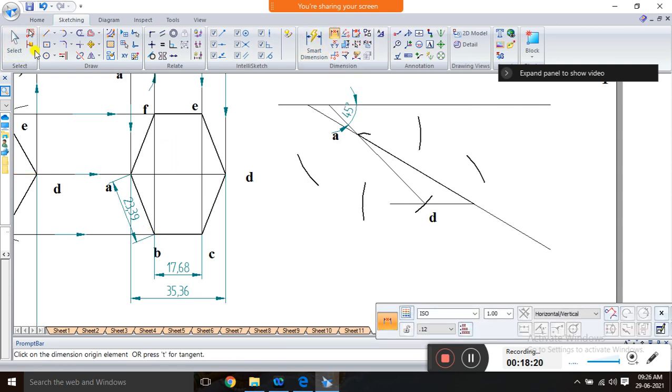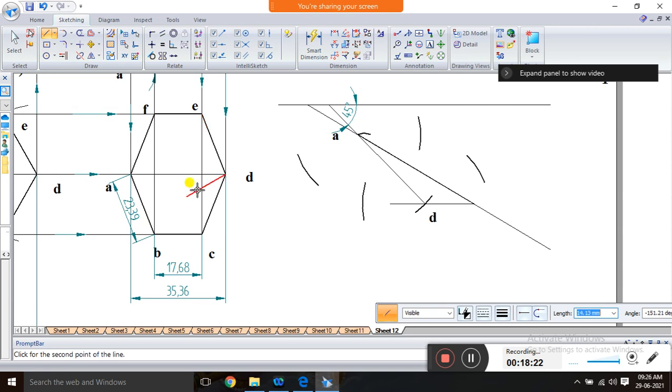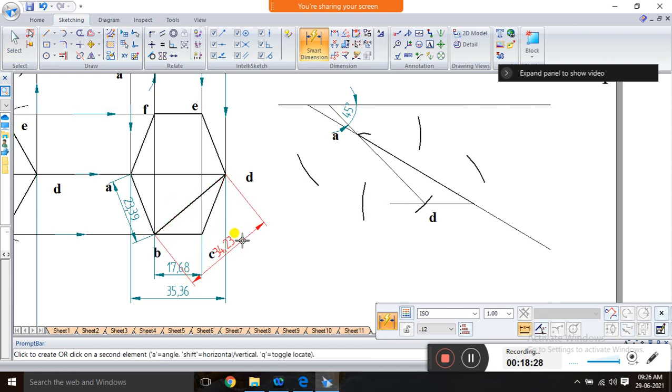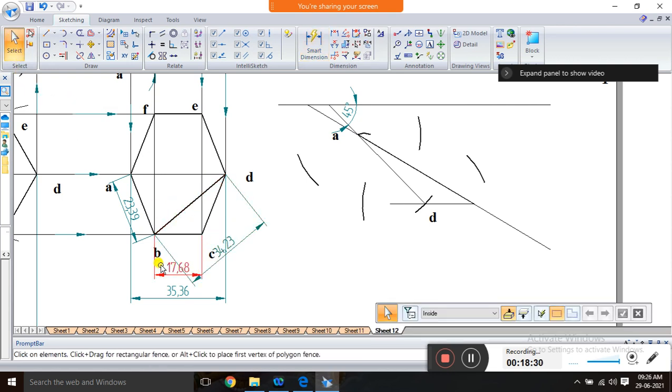So take your compass, place it on D and stretch up to B. It is 34.23. Then place that compass and cut the arc, 34.23.